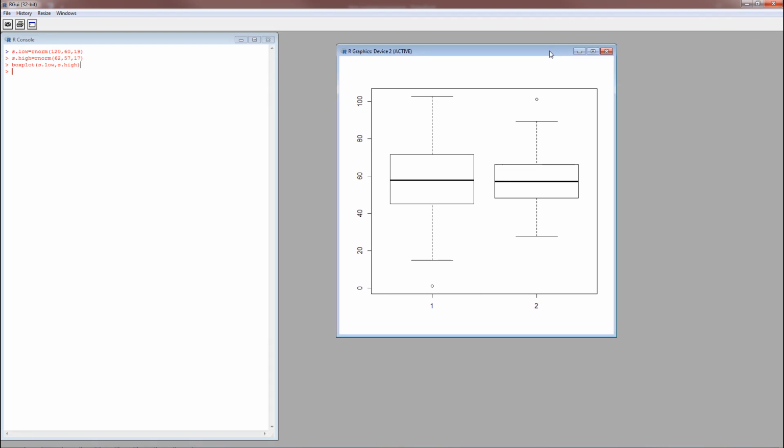And we can see that they are relatively symmetrically distributed with medians that are very close to each other. We can perform a t-test on these 2 groups using the t-test function, assuming that the variances are equal.